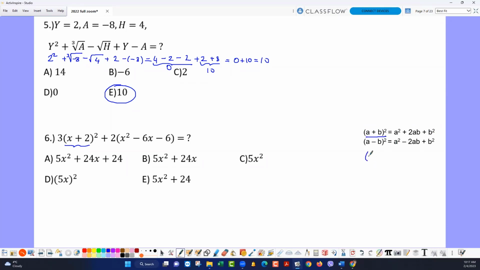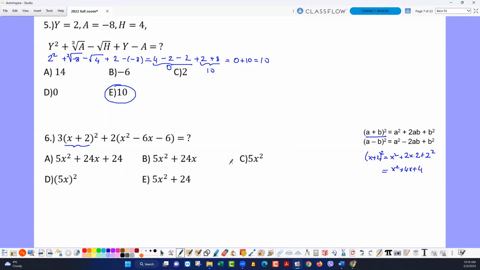So if I write x plus 2 squared, it's going to be equal to x squared plus 2 times x times 2 plus 2 squared, which is equal to x squared plus 4x plus 4.